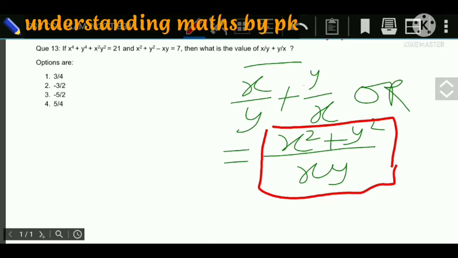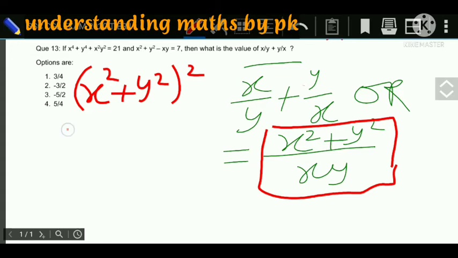So here we can see x raised to the power 4 plus y raised to the power 4 plus x square y square. We know x square plus y square whole square is equal to x raised to the power 4 plus y raised to the power 4 plus 2x square y square, whereas given is plus x square y square, means 1 x square y square is more.